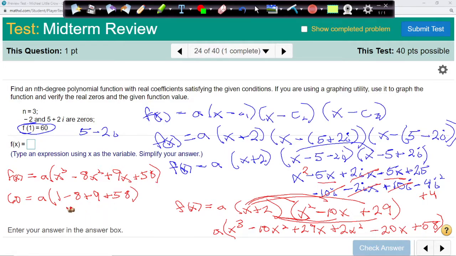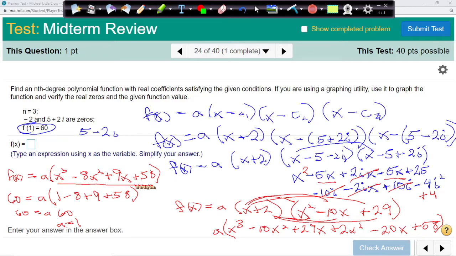So let's see what this gives us. This gives us negative 7, plus 9 will be positive 2, plus 58 is 60. So we get 60 equals a times 60. Divide both sides by 60. a is 1. So that's kind of nice.